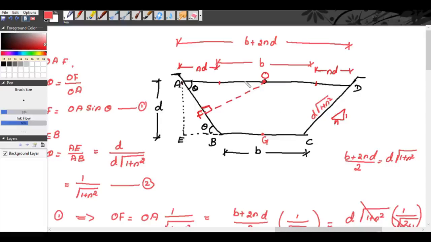So that means you can draw a semicircle. I will draw it using another color. If you are drawing a semicircle with O as center and radius equal to depth of flow, the semicircle will be like this.